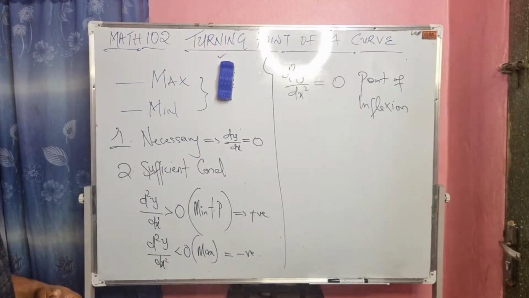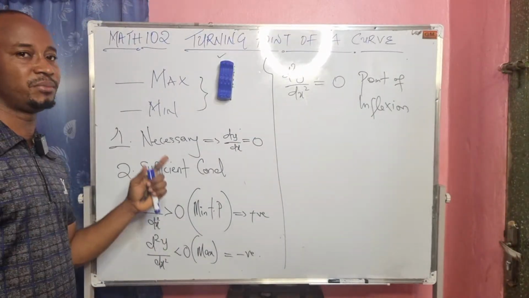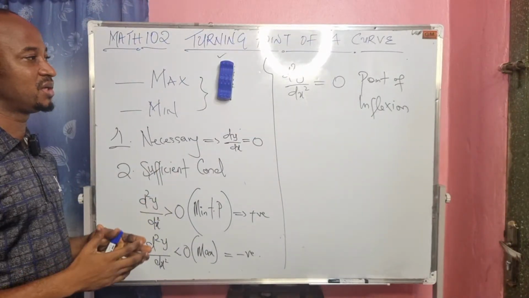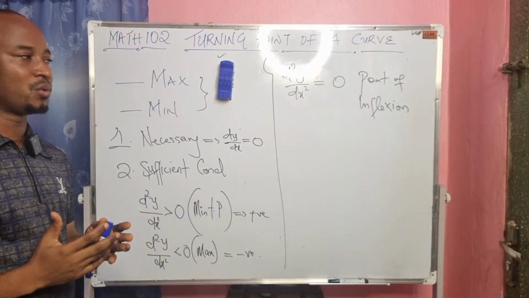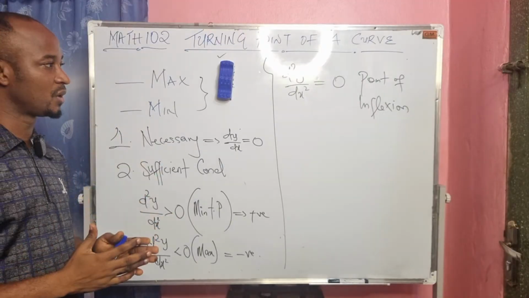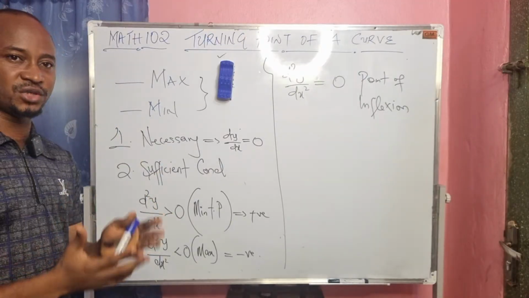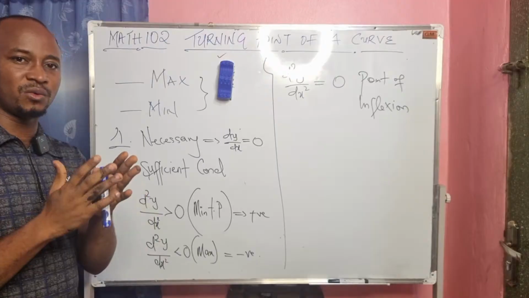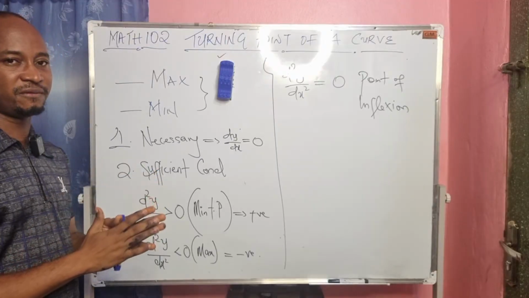Point of inflection is not actually a turning point. A point of inflection is a point in a curve where the curve changes its concavity, or where the curve changes its curvature, all right? Or where the concavity of the curve changes.